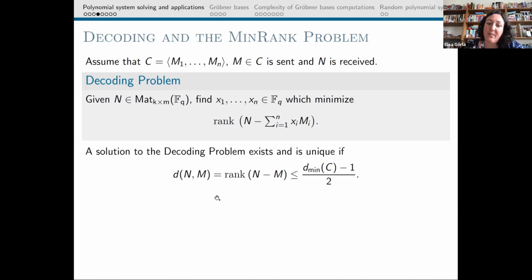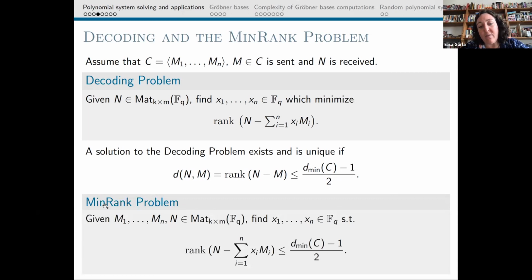So if and only if, you can formulate it in this way, the distance between what is received and what was sent is at most this number, which depends on the minimum distance. And this is why the minimum distance is important. And also the other reason why I mentioned this is that this allows us to transform the problem of decoding in a problem that has a polynomial system that we solve.